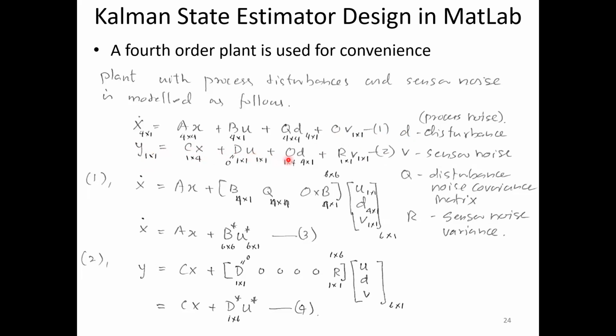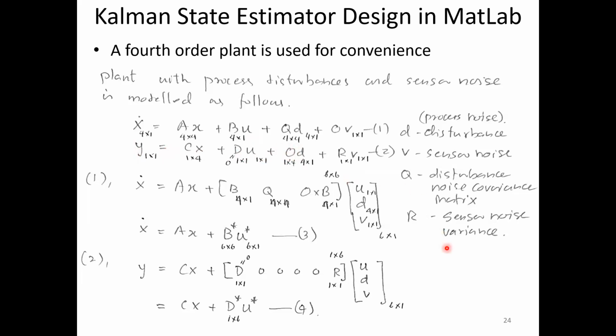But in addition to that, I have 0d plus rv. This is the noise coming from the sensor. It affects the measurement, okay? But the disturbance does not affect output directly. But it will affect the position, x, and therefore it will reflect in y, but not directly. So therefore, this is 0.